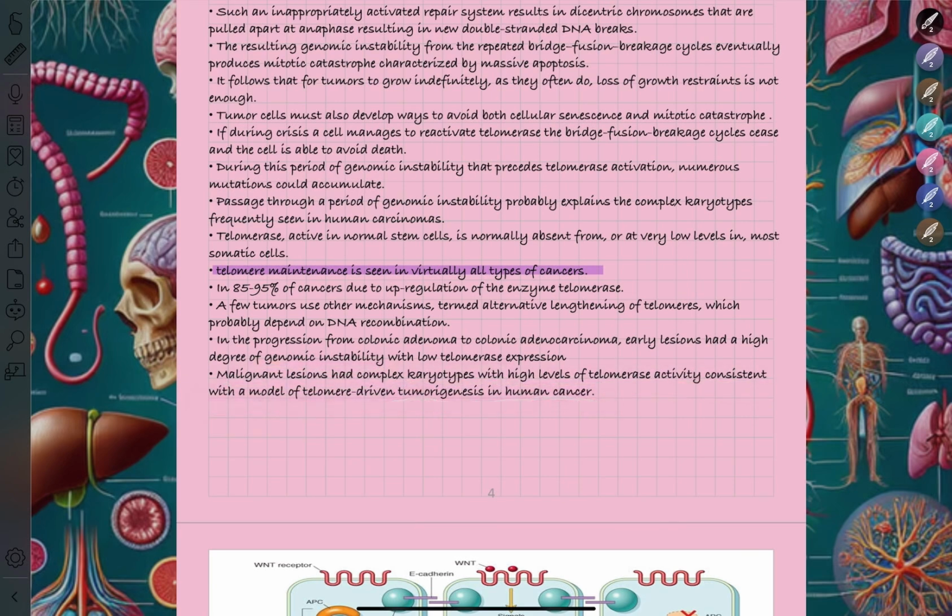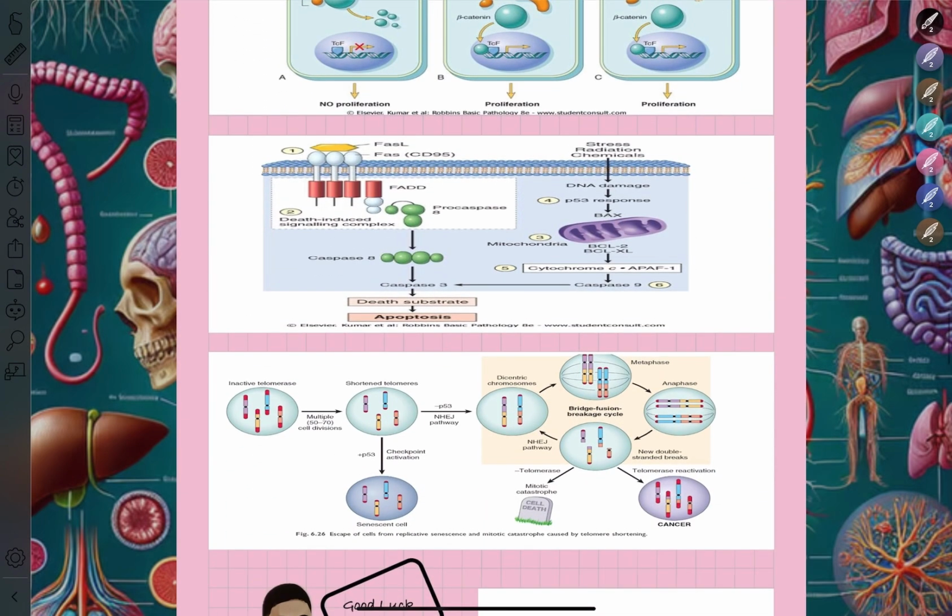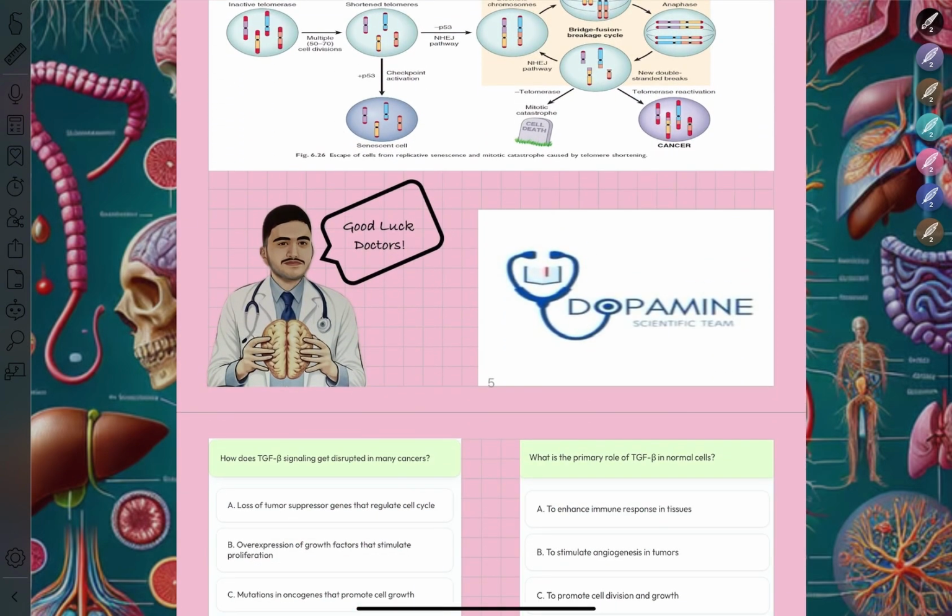So early lesions had genomic instability, but telomerase activity is low. We explained all three diagrams, and good luck, doctors.